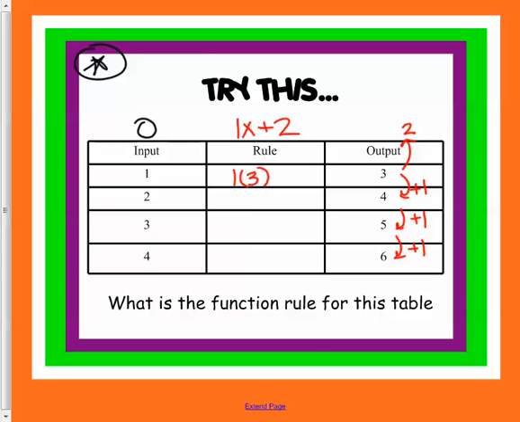And 1 times 1 is 1 plus 2 is 3. Okay, 1 times 2, which we know all of these are going to be itself. So we really don't even need this one. We just need x. So 2 plus 2 is 4. 3 plus 2 is 5. And 4 plus 2 is 6. So our function rule is x plus 2.